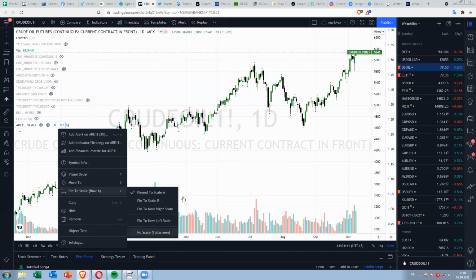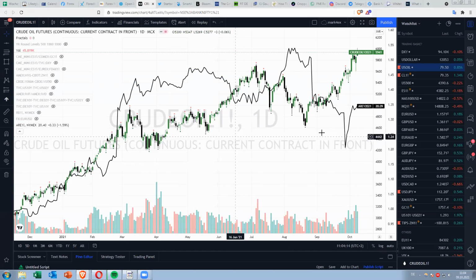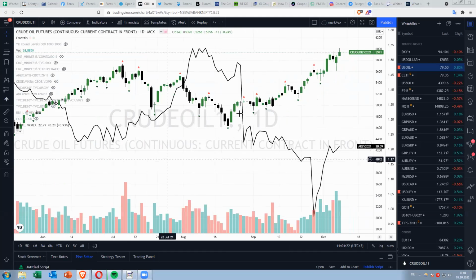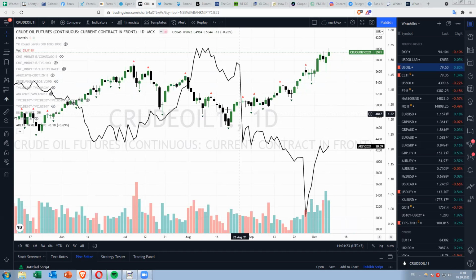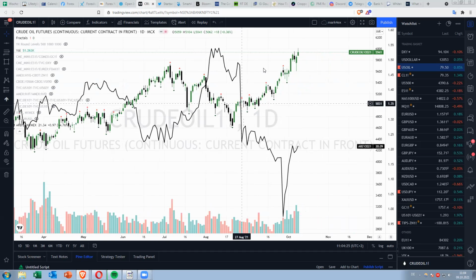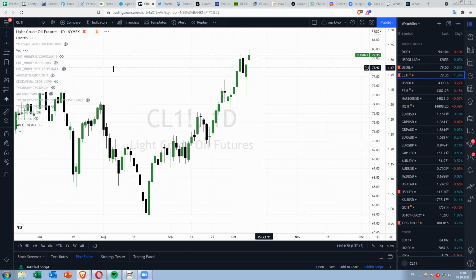Okay, so this line here gives you a macro picture. This is actually showing you a macro picture of oil, and this is real stuff. I just go to crude light because look at this.